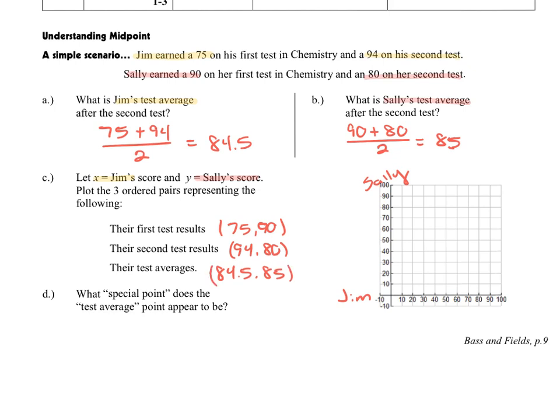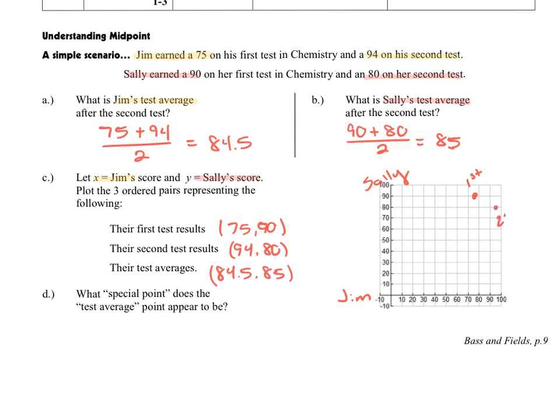Now let's plot these points. If we go ahead and plot these points, and I've already given you a labeled grid here, we can do their first test of 75 and 90, and we can plot that point, and there's their first. And then we can plot their second of a 94 and an 80, and I'm just kind of eyeballing them, and that's good enough for us here.